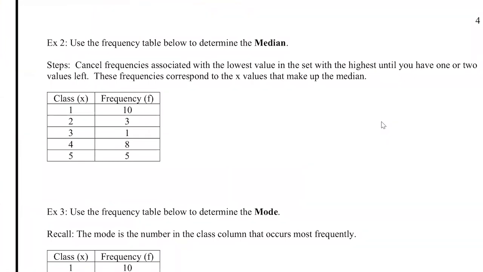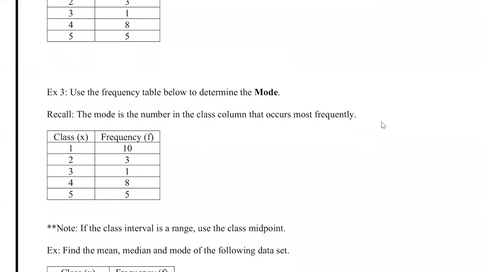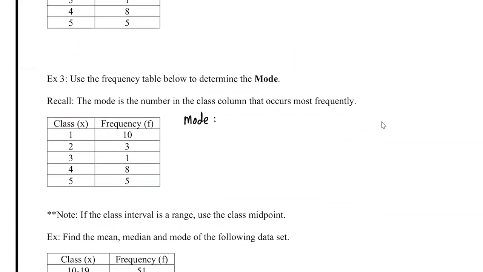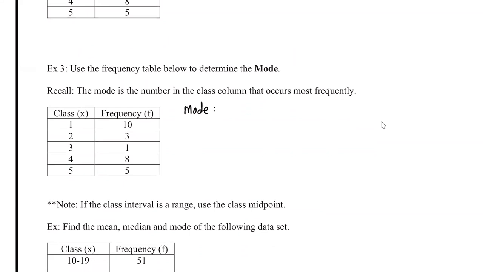We're going to finish up with examples 2 and 3. And so I'll actually do number 3 first, because that's the easiest one. Because the mode, again, is the most frequently occurring value in a data set. So the mode, you want to be thinking about which number, and when I say which number, I'm giving you the choices here as 1, 2, 3, 4, and 5.